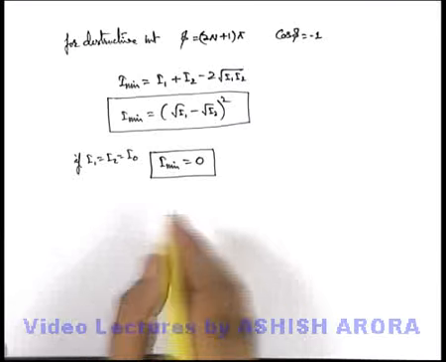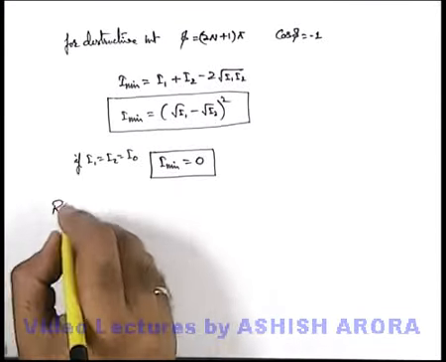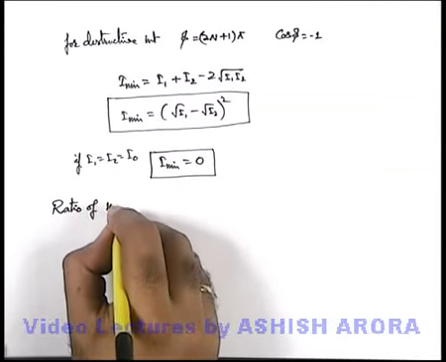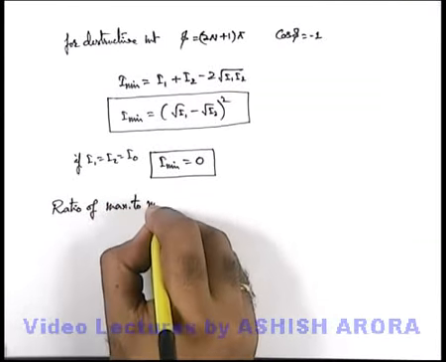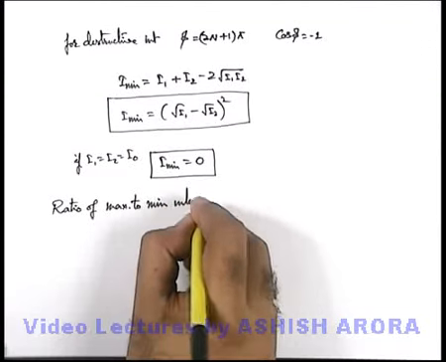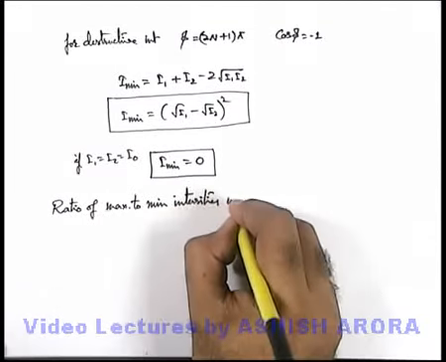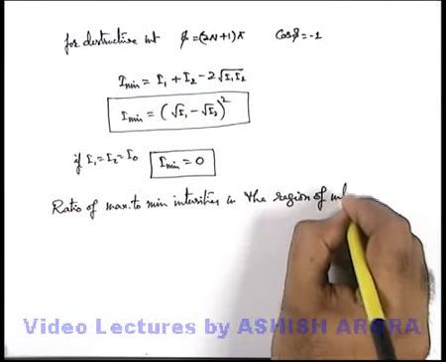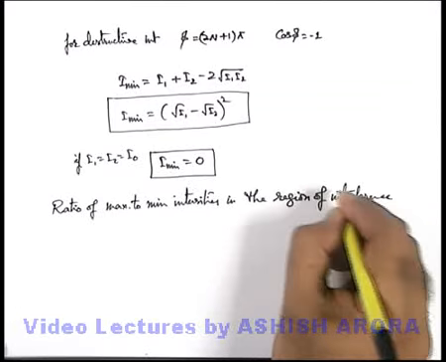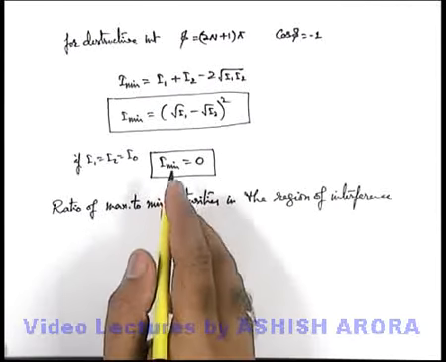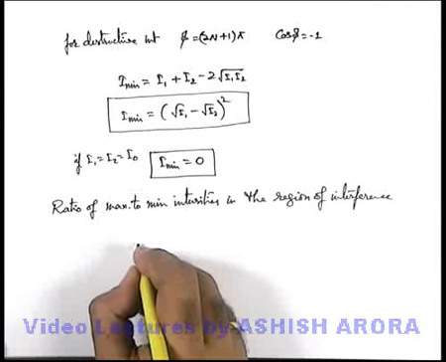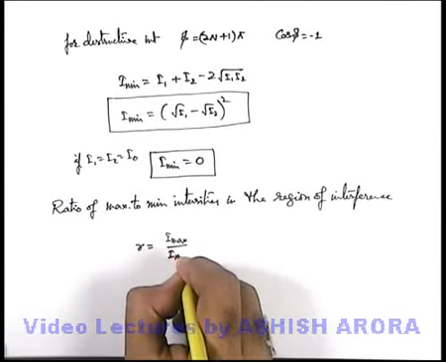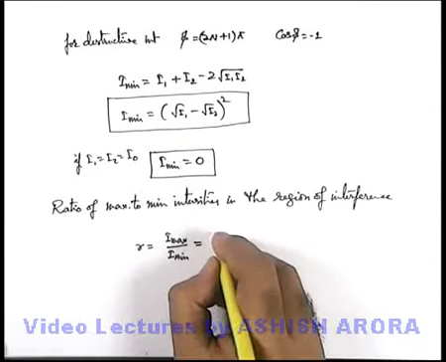Using the similar expression, we can also find one important term that is quite useful in various analysis, which is the ratio of maximum to minimum intensities in the region of interference. As we already studied Imax and Imin, we can simply find the ratio of maximum to minimum intensities for two waves of unequal intensities.